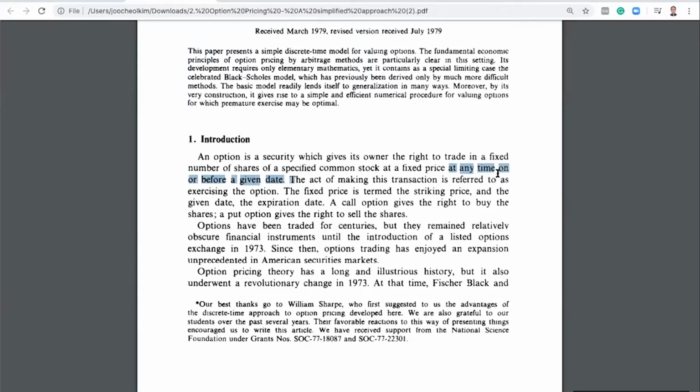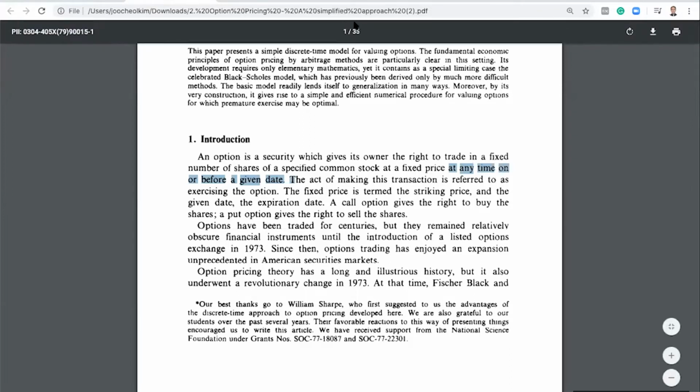Because the authors wanted to talk about options, but what we know about options is just one type of option. Of course, there are two types of options: the call option and the put option. But we can classify options in different ways, so I'm going to use the whiteboard.